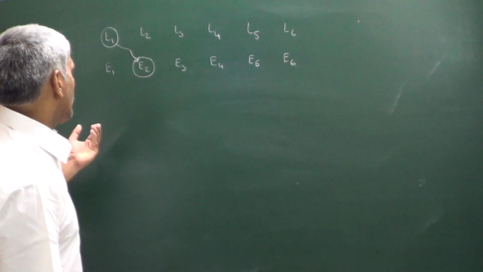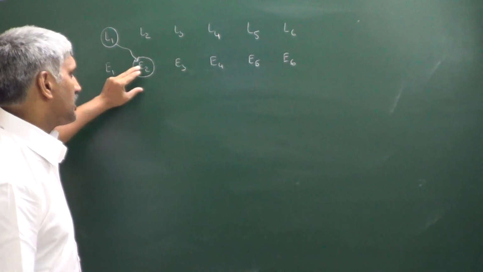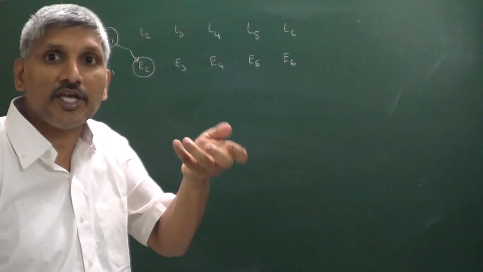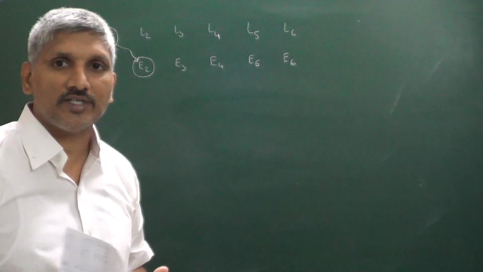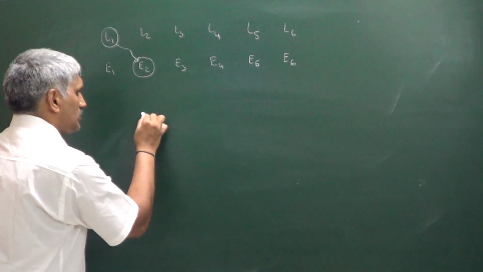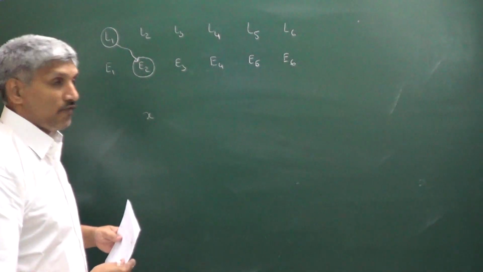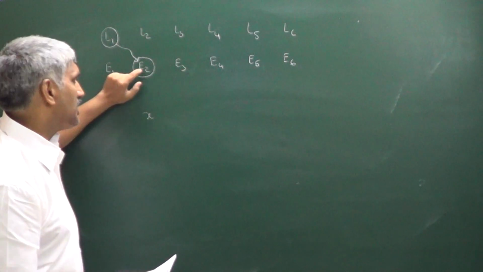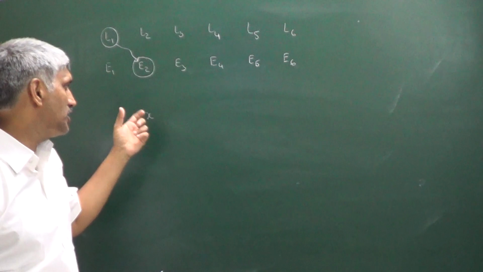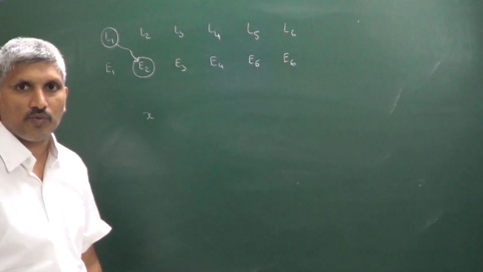But suppose I am assuming L1 is entering into E2, remaining all letters are dearranged. How many ways? I don't know, so let us say I am assuming X ways.